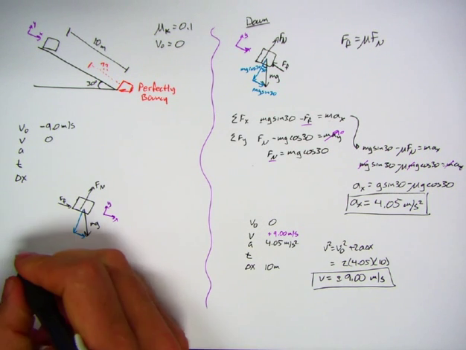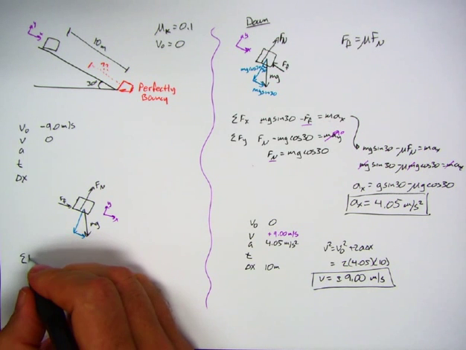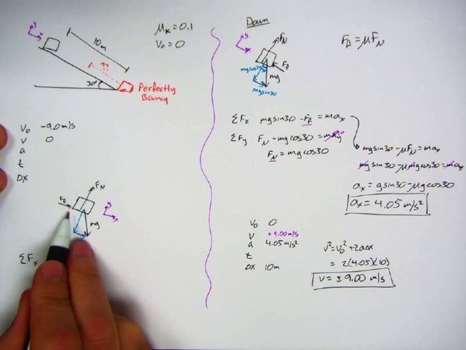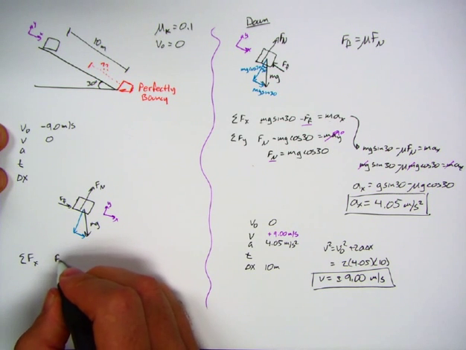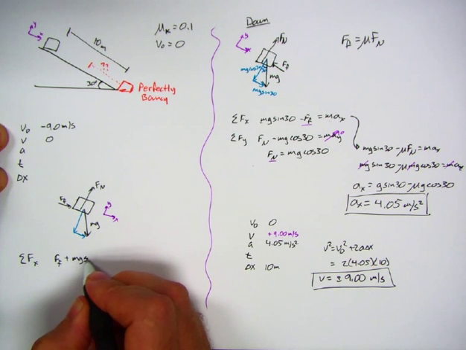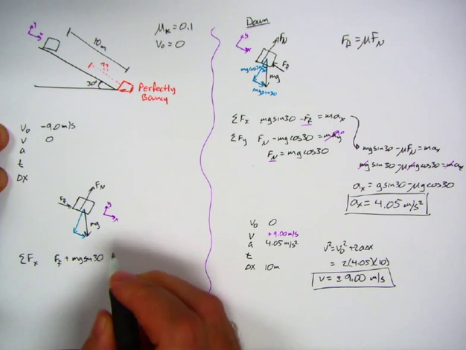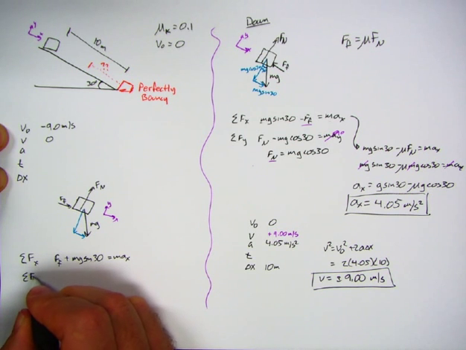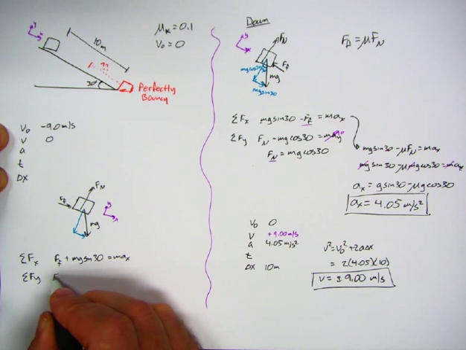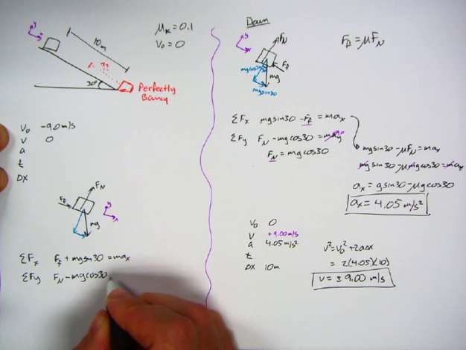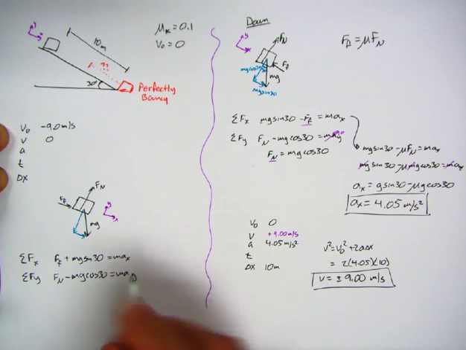So what happens here, sum of the forces in the x direction, what do we get? In the x direction, now we get force of friction, and we get plus this same mg sine 30 equals mass times acceleration in the x direction. And sum of the forces in the y, we get force normal minus mg cosine 30 equals mass times acceleration in the y.